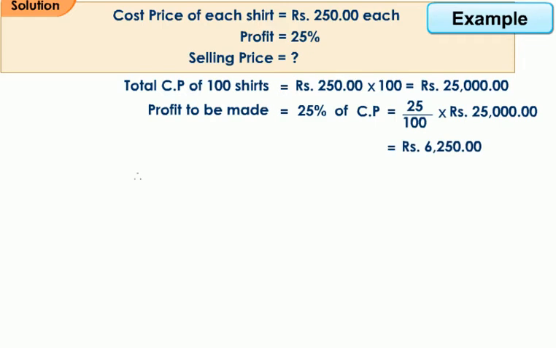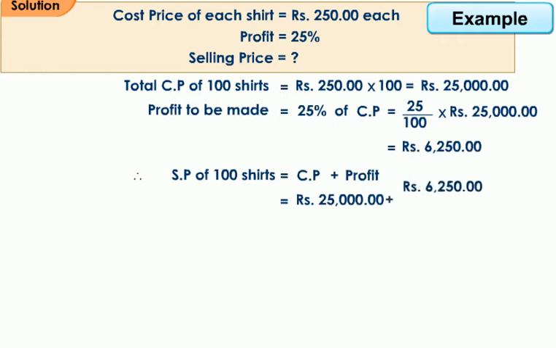Therefore, the selling price of 100 shirts is equal to cost price plus profit. This is equal to rupees 25,000 plus rupees 6,250 gives us rupees 31,250.